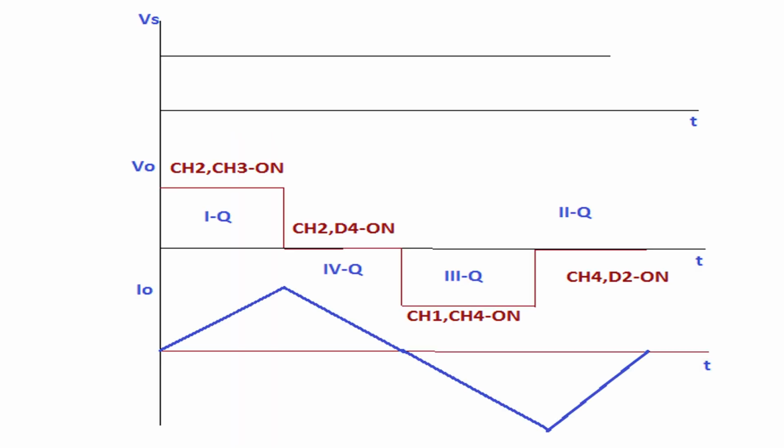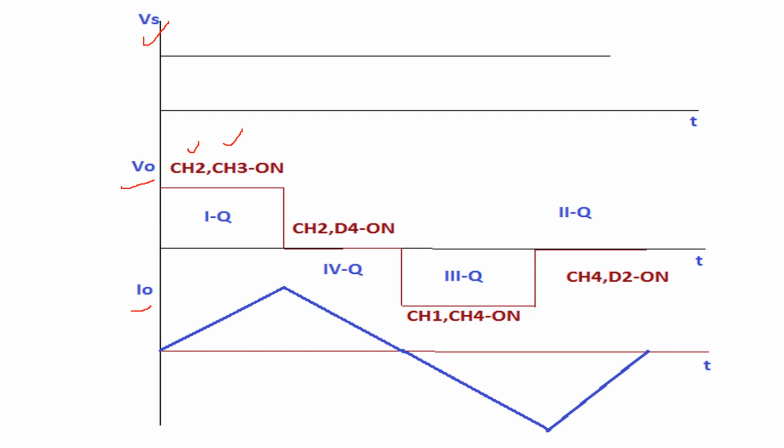Now by using the above discussion we are going to draw the waveforms. Waveforms are very easy. Consider the input voltage is a constant DC voltage, and we are going to consider the load voltage as well as the load current. In the first case, we consider choppers CH2 and CH3 in on state.